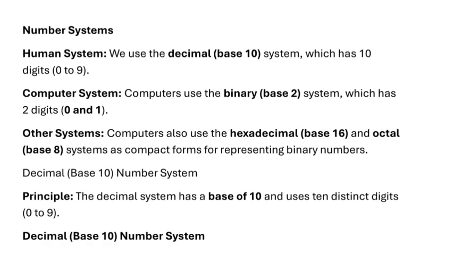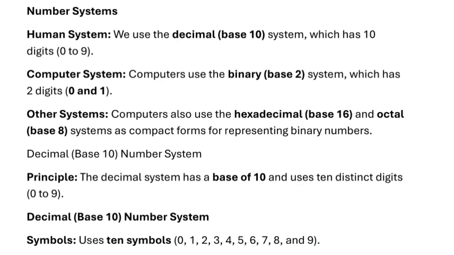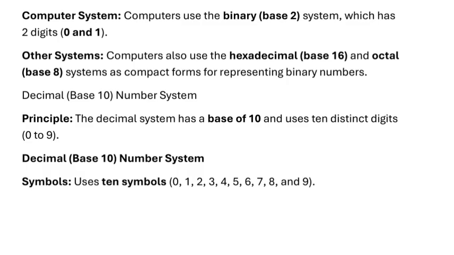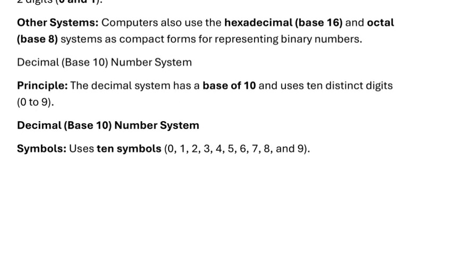Number systems. Human system: we use the decimal, base 10, system, which has 10 digits, 0 to 9. Computer system: computers use the binary, base 2, system, which has 2 digits, 0 and 1. Other systems: computers also use the hexadecimal, base 16, and octal, base 8, systems as compact forms for representing binary numbers.